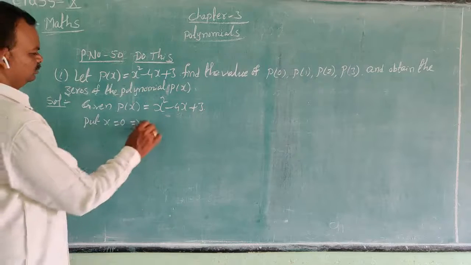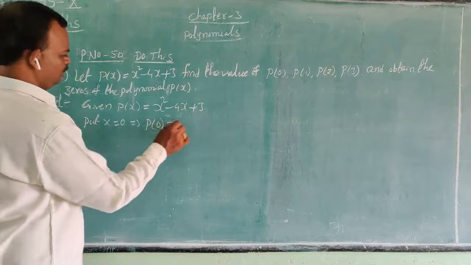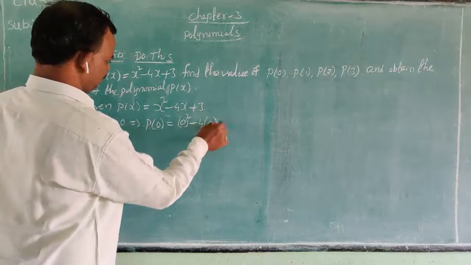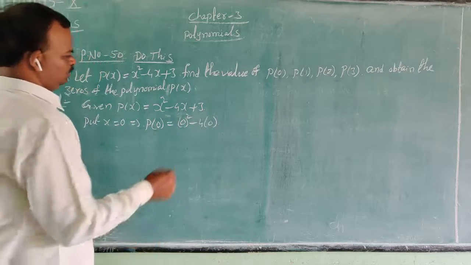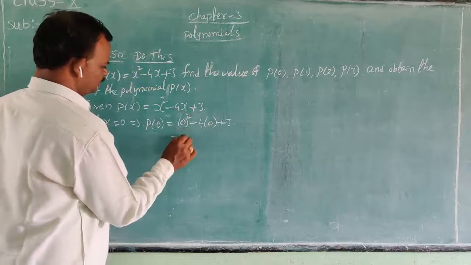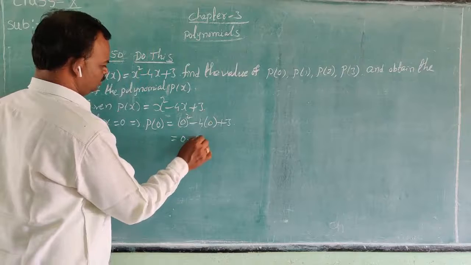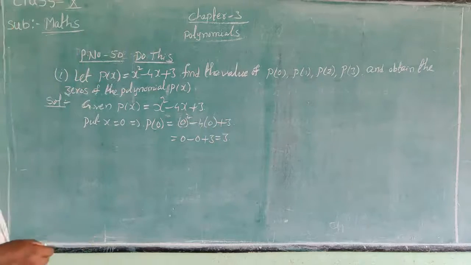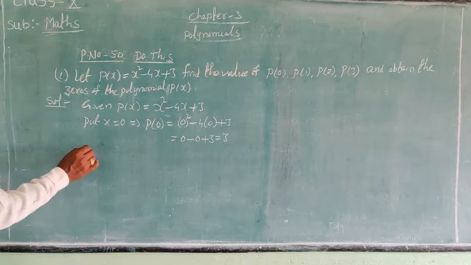That implies p of 0 is equal to 0 square minus 4 into 0 plus 3. 0 square is 0, minus 4 into 0 is 0, plus 3 is equal to 3. Next value.